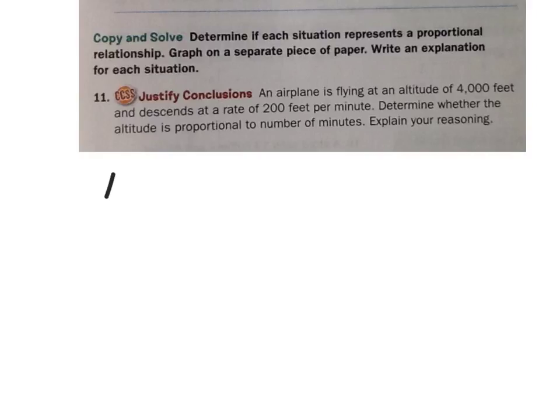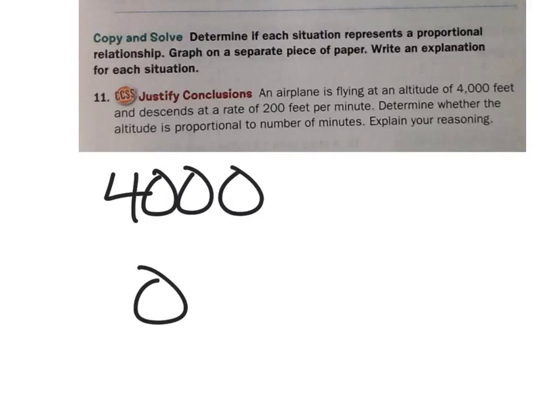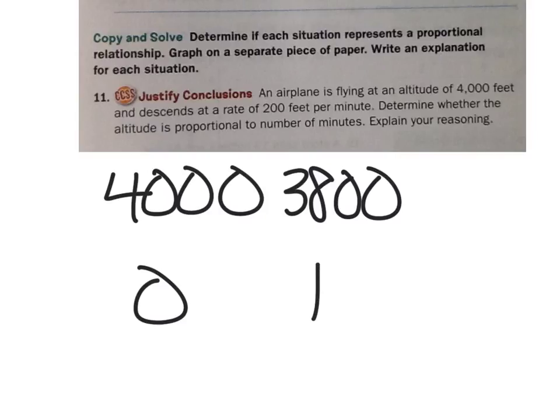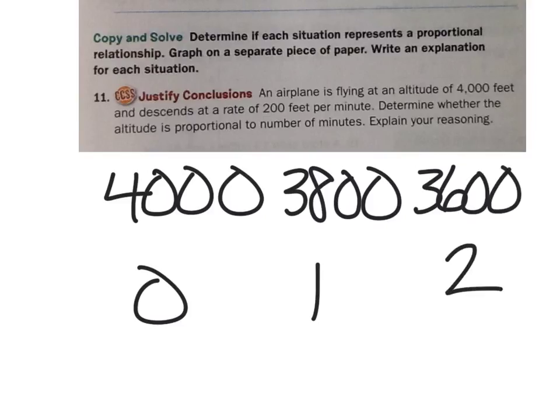We have 4,000 feet, and that would be at 0 minutes. And then it would be 3,800 after 1 minute, because it's going down by 200 feet per minute. Then it would be 3,600 after 2 minutes.